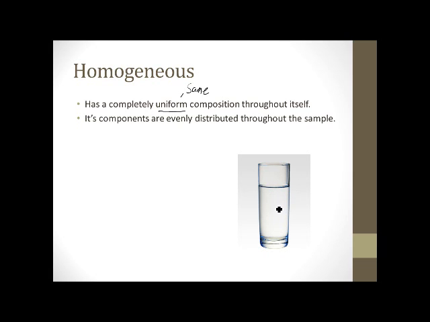It's all water. Let's say it was a glass of salt water. Unless you put on so much salt that there was some salt just sitting all the way at the bottom, this would be homogeneous. The salt is all separated, or evenly distributed, through the entire glass.